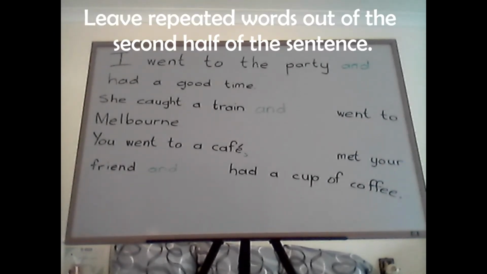When we use the word and, we will often have repeated words in the second half of the sentence. We don't need to say the same thing twice. So we can say, I went to the party and had a good time. She caught a train and went to Melbourne.